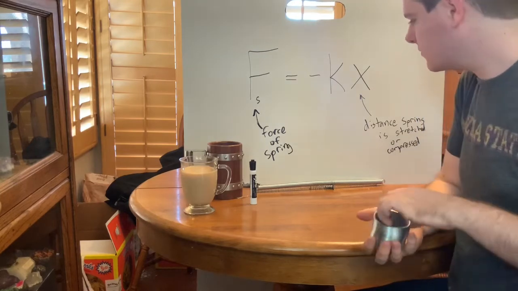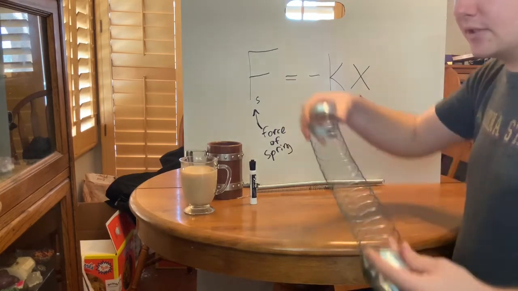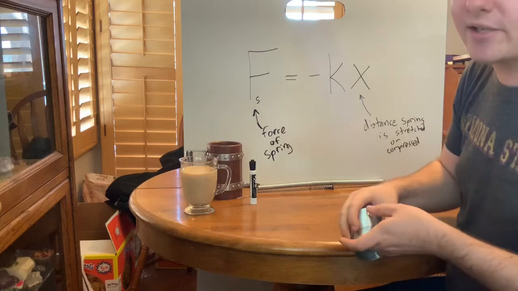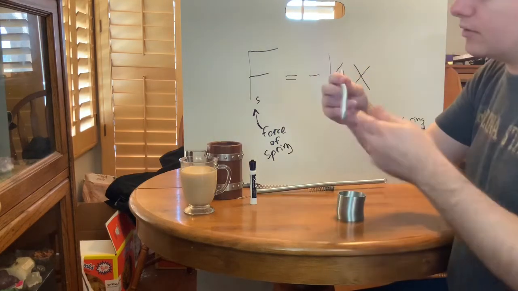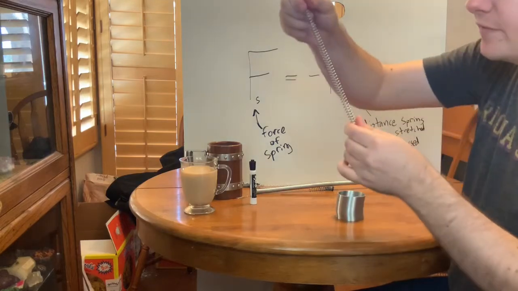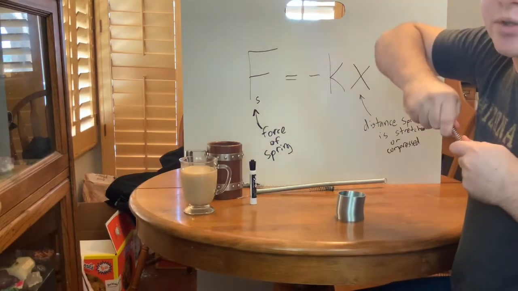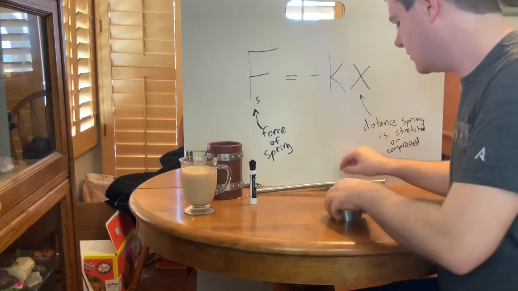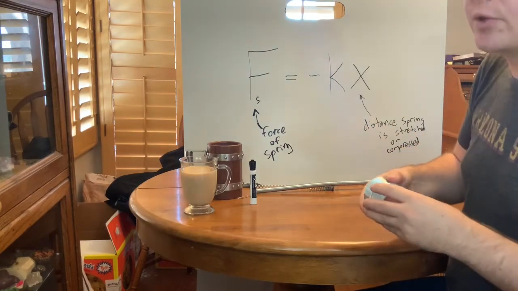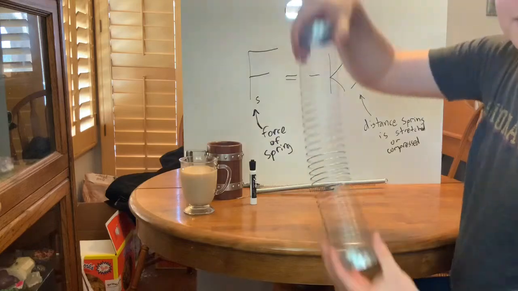Well, it's a property of the spring itself, of the material. Springs with large K values seem to be very thick and very hard to push, and they're very springy. Springs with low Ks, low spring constants, are very easy to stretch.